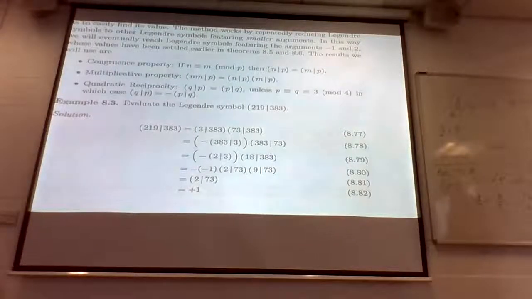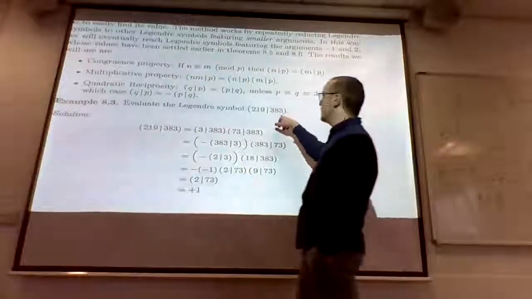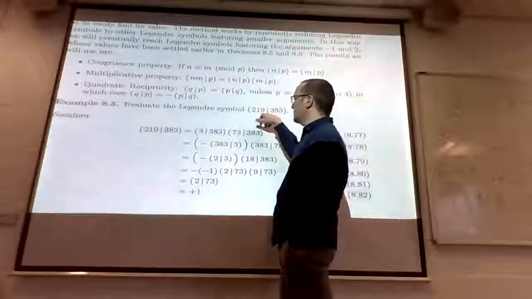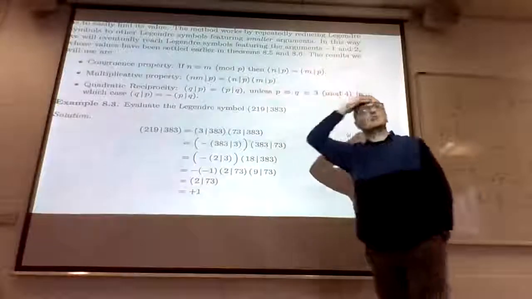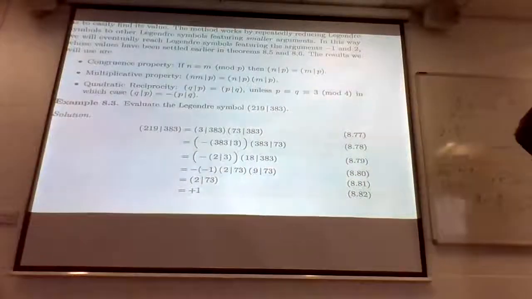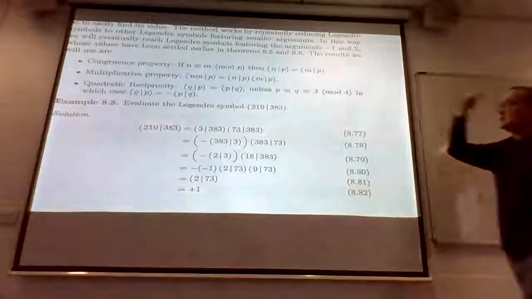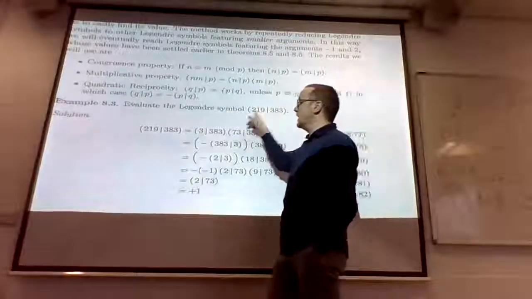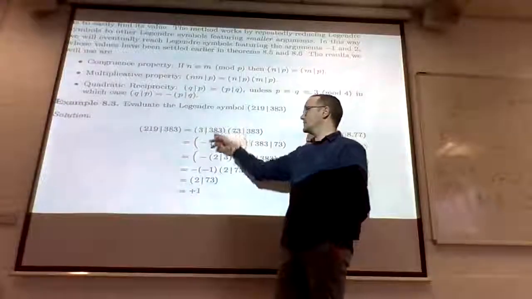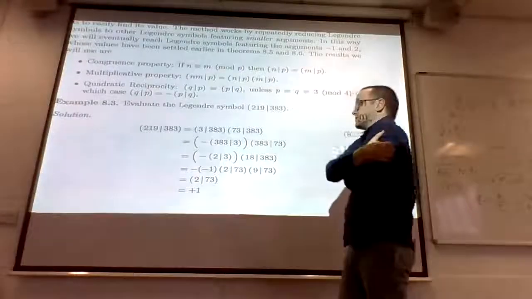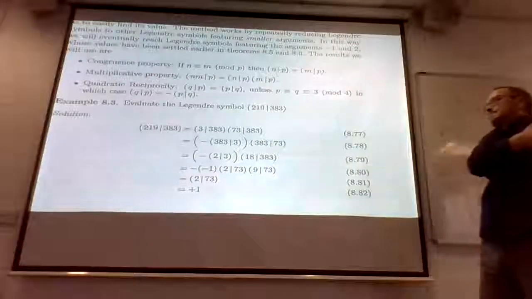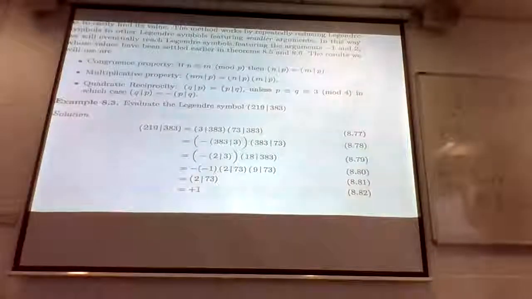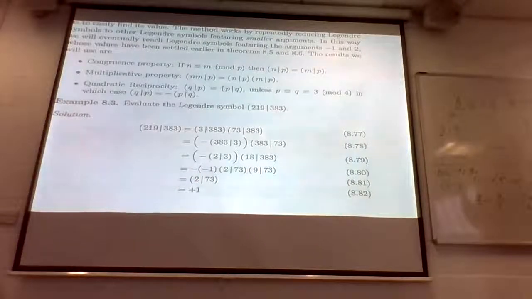Oh, sorry, 219 is not a prime. 383 is a prime, 219 is a composite. 219 factorizes as 3 times 73. 3 and 73 are prime. So we use the prime factorization of 219 and the multiplicative property to get the product of these two Legendre symbols. Then we invoke the principle of quadratic reciprocity.